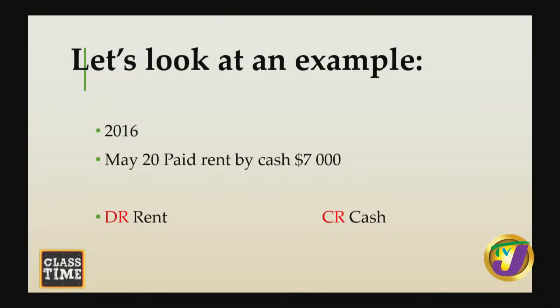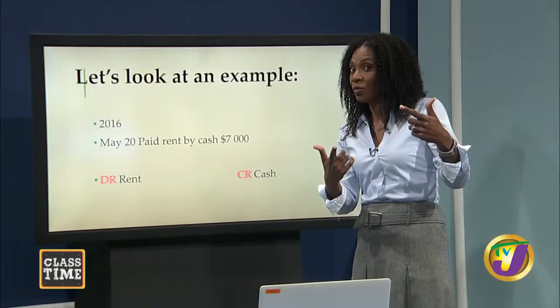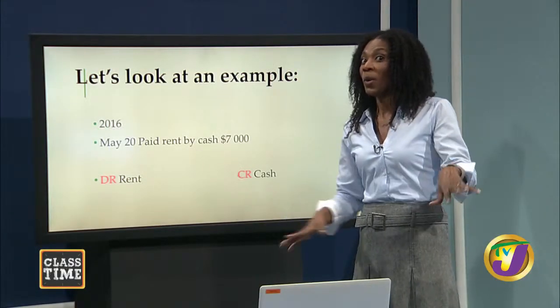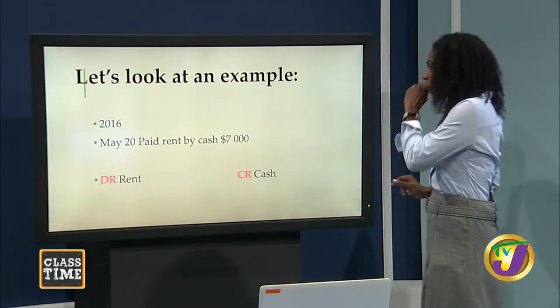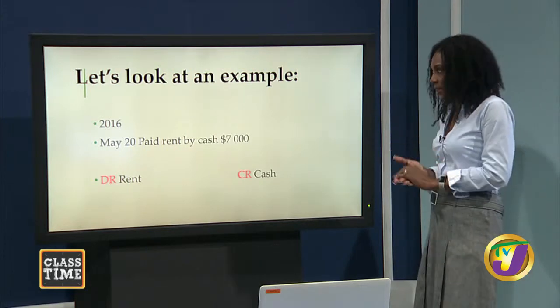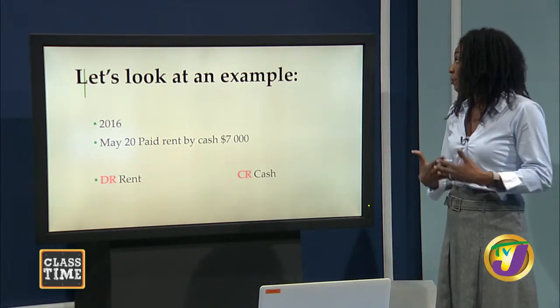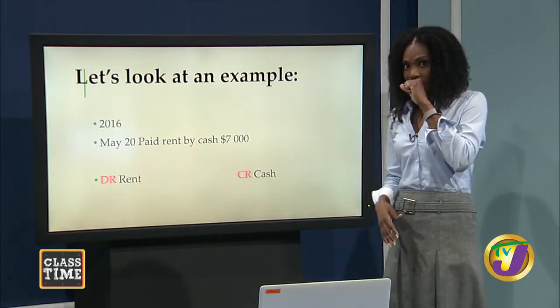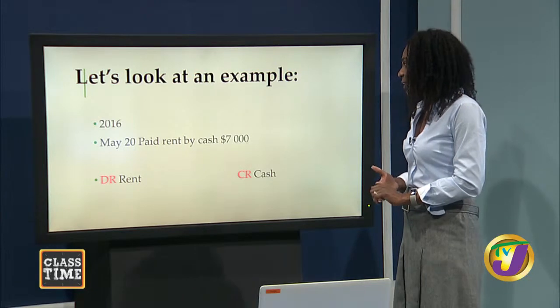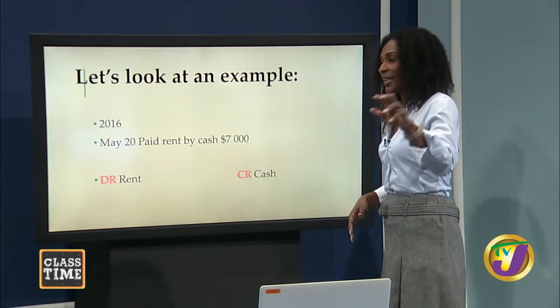Now let's look at an example to actually bring out the double entry for expenses. Whenever there's an increase in expenses, we do what again, students? Opposite to revenue, we are going to debit. Whenever there's a decrease in expenses, we are going to credit. Now, May 20, 2016, we paid rent by cash, $7,000. Which two items are affected? Rent and cash.